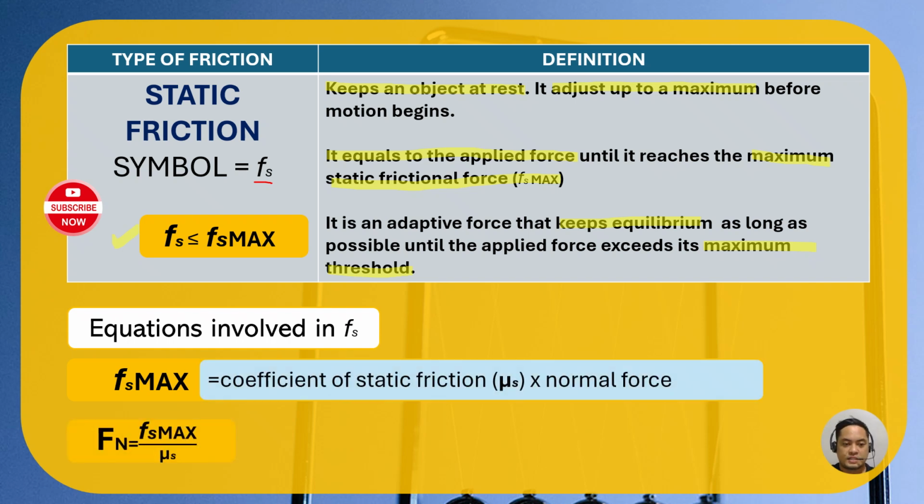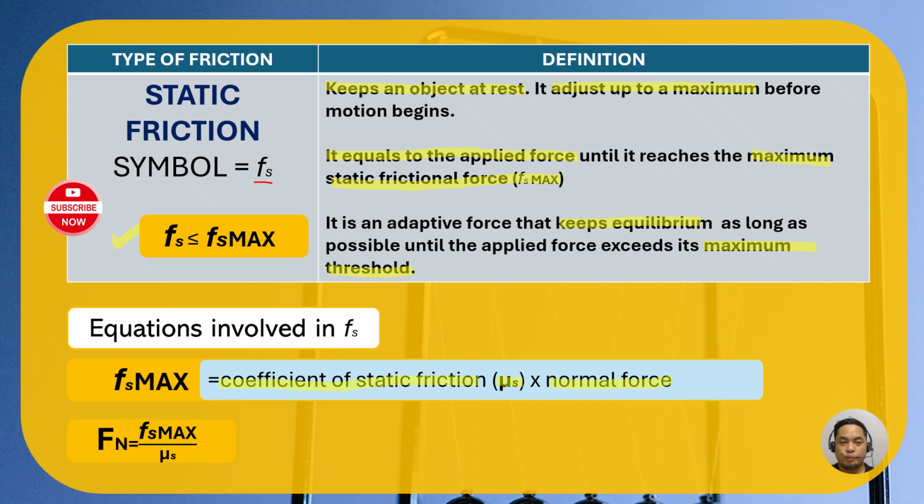So here are the equations involved in static friction. We have the Fs max. All you have to do is multiply the coefficient of static friction, the symbol mu sub s, by our Fn, or the normal force. We will learn about the coefficient of static friction later.